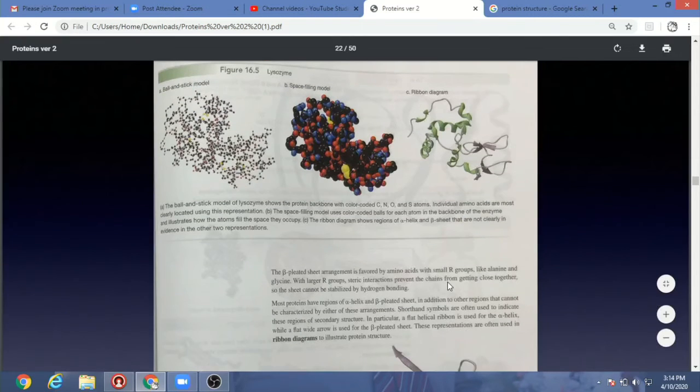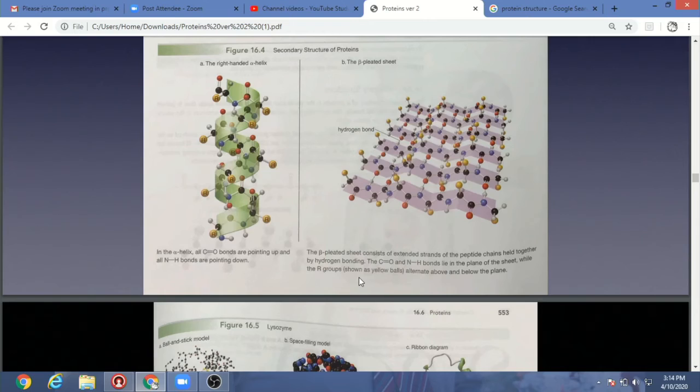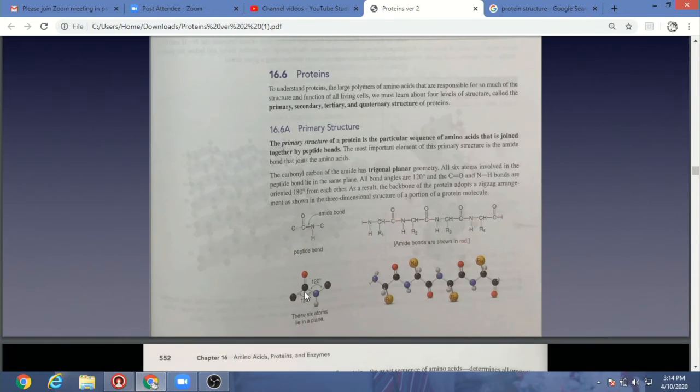However, if you have large R groups, then you're going to get steric interaction. You remember steric interaction from organic chemistry? It has to do with molecules that take up a lot of space, and they don't like to be around other molecules that take up space. So everything likes to be as far away from each other as possible. That's actually why you get this arrangement here.